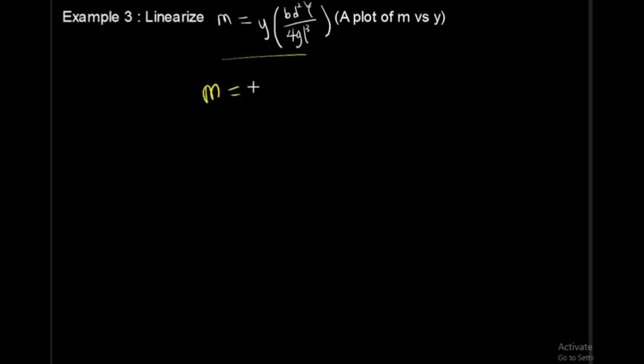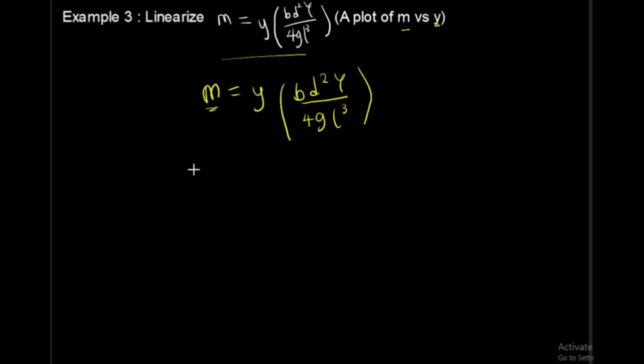M equals y times bd squared gamma over 4gl cubed. The equation is already linearized because our vertical component, m, is the subject of the formula. If you are asked for the slope, you identify your horizontal, which is y.